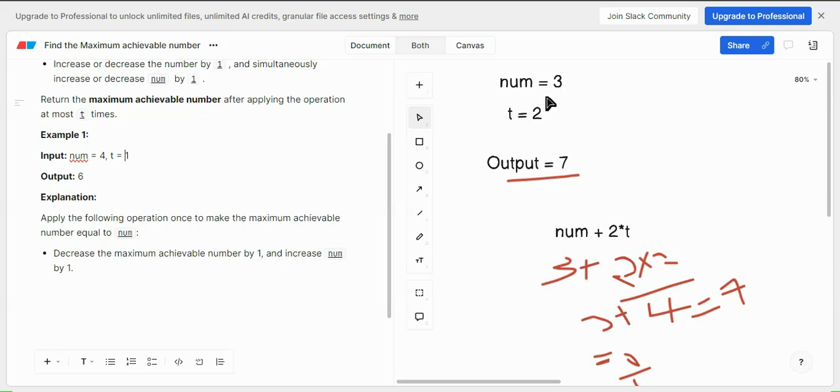For the second test case, you can see we are given 3 and 2 and the output is 7. Your brain starts to recognize that we are doing the operation num plus 2 into t and returning it. That's how you recognize patterns in a problem.